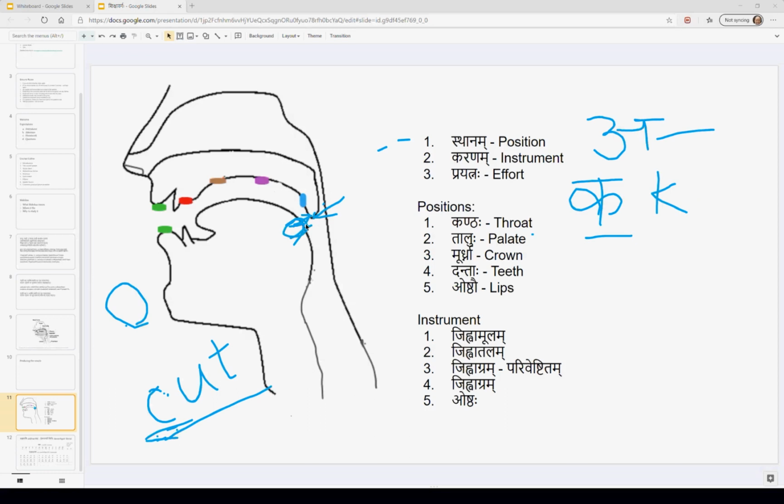Ka. You can actually open your mouth wide and try to say ka, and you can experience that this part, the root of the tongue, is pushing against it. Yeah. So what is the difference between a and ka?